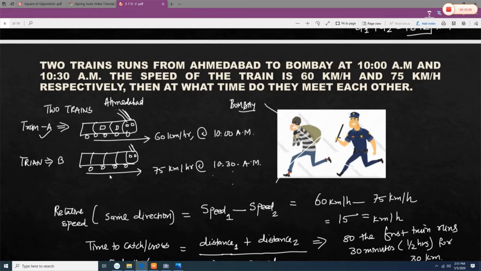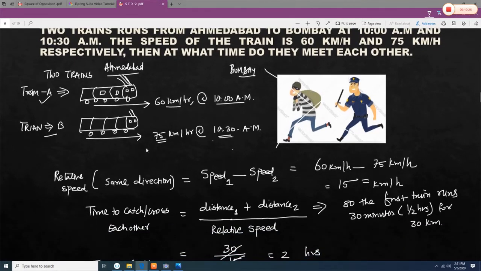Train A, which is running at 60 kilometers per hour, started at 10 a.m. in the morning. Train B, which is running at 75 kilometers per hour, starts at 10:30, half an hour after train A. And we know they are moving in the same direction.